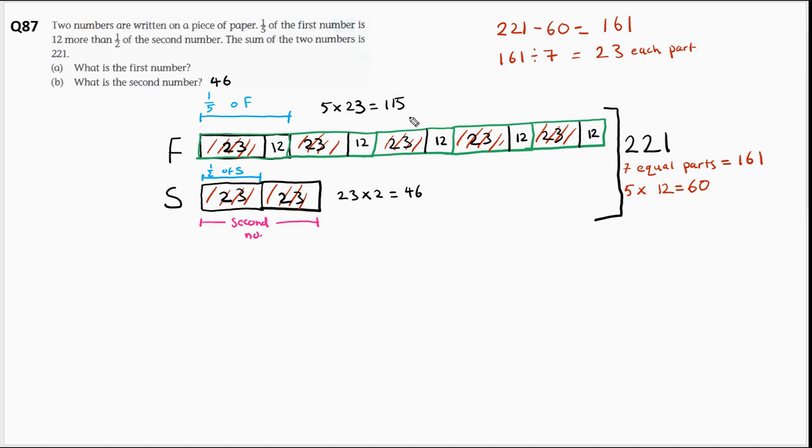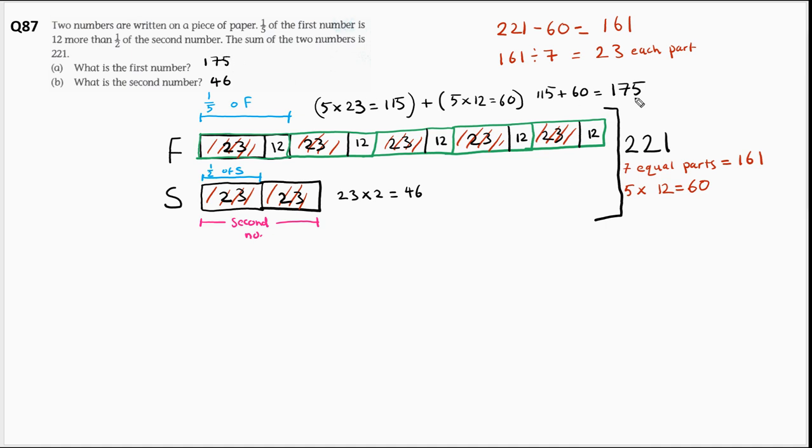All right, plus we've got the 5 times 12, which we've already worked out to be 60. Okay, we did that. Where did we do that? Over here. All right, and if we add 115 plus 60 is going to give us 175. And that's that answer there.